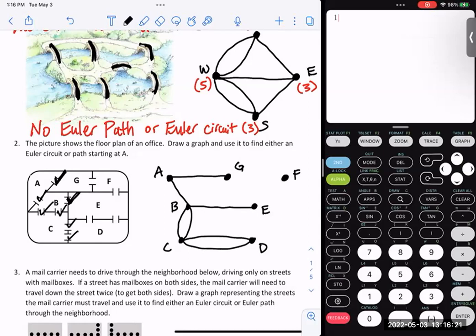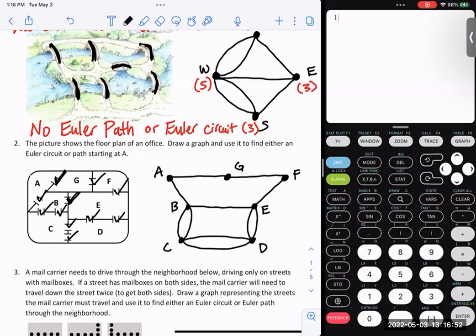So I've done all the doors from C. From D, I've got 2 doors that go to E. And then D is complete. E, there's still a door there that goes from E to F. And there's a door from F to G. And I'll just double check, and I think I've included all of my doors here. So this would be my graph for this floor plan.